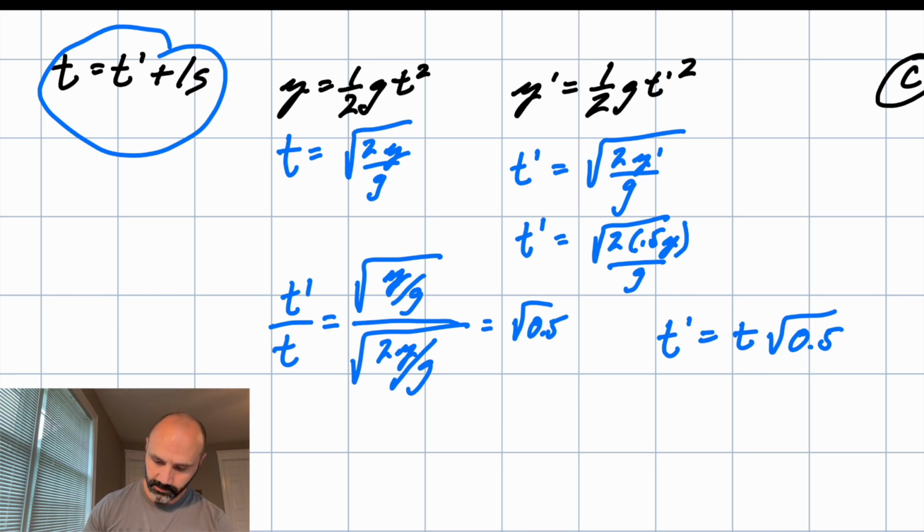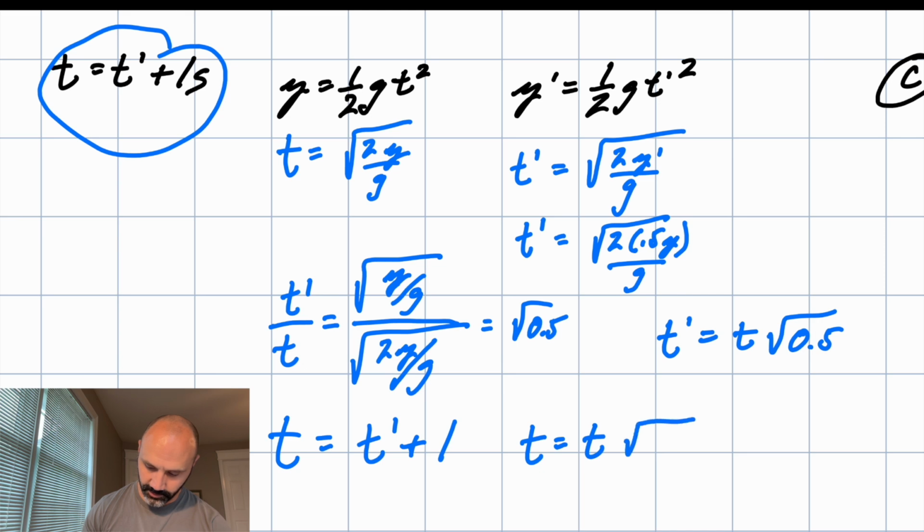So t equals t prime plus 1. I'm going to leave off the seconds for now. So that means that t is equal to t times the square root of 0.5 plus 1. Now I have one equation and one variable, and I can solve that.